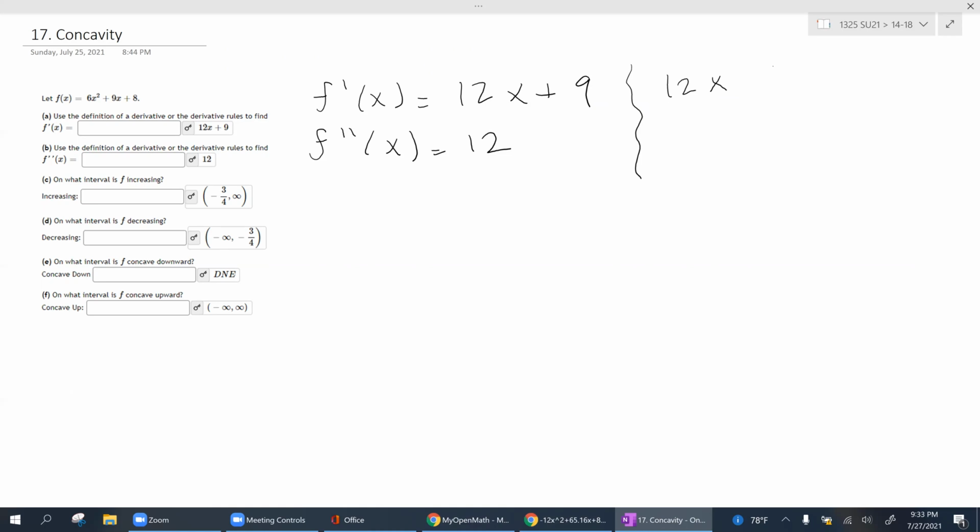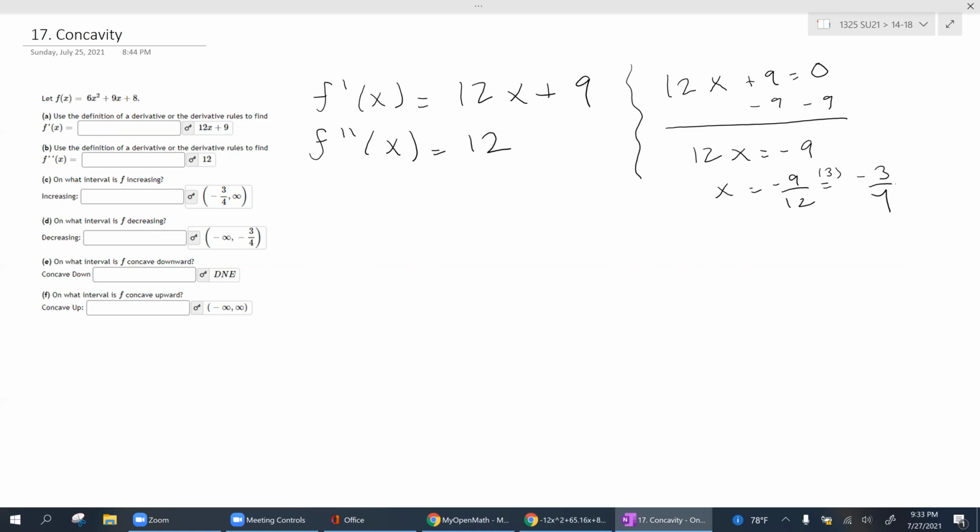So I'm going to apply the first derivative test. That means get the first derivative, set it equal to 0, and solve for x. And you get x is equal to -3/4.